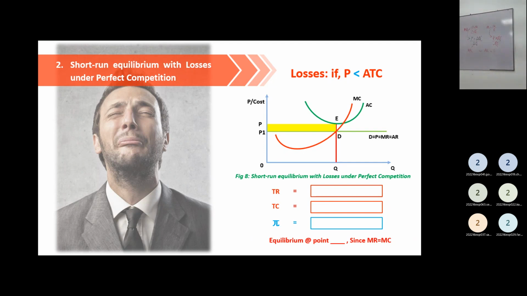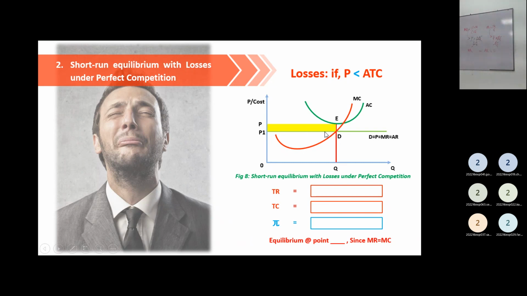Accordingly, are you earning profits or losses? Losses. Why? Because your total revenue is lower than total cost, or the selling price is lower than your average cost. This entire yellow color area as well as the white color area is your total cost, but this is your total revenue.